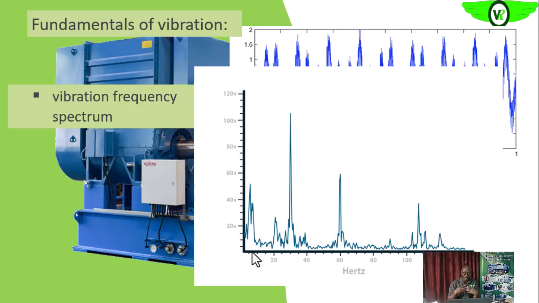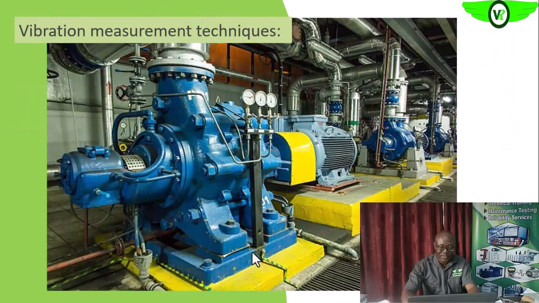That will help us to determine what is causing the problem or the high vibration. What we are doing in essence now is analyzing the information that we collected from the field, as you can see on the screen.